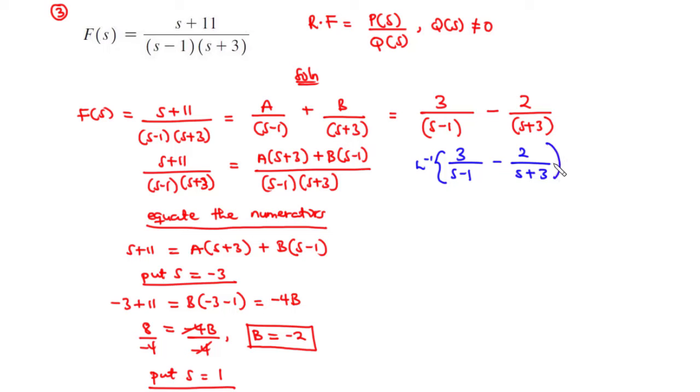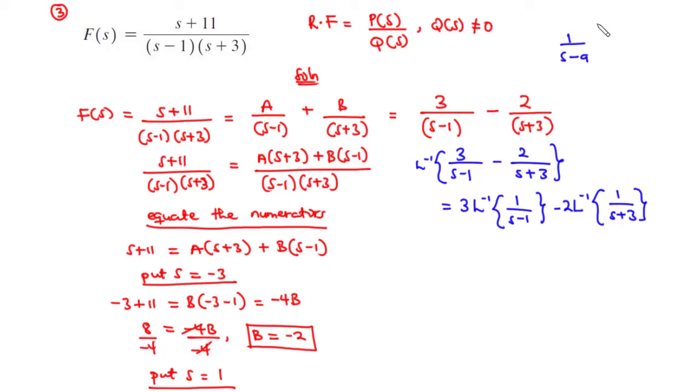Now using the linearity property of the inverse Laplace transform, this is equal to, we factor out 3, we have 3 times the inverse Laplace transform of 1 over s minus 1, minus, we factor out 2, 2 times the inverse Laplace transform of 1 over s plus 3. Now 1 over s minus a corresponds to the function of time e to the power at.